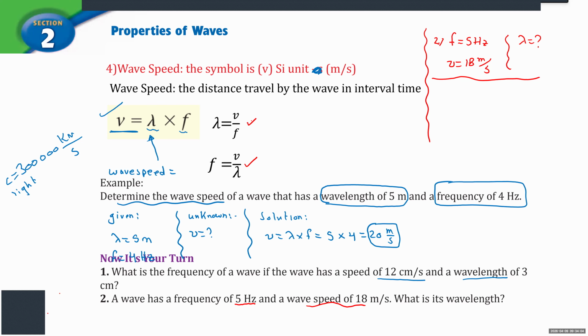I use this equation, lambda equal velocity over frequency. Velocity is 18 meter per second. Frequency equal to 5, hertz is equal to 1 over second. So second cancel with the second. 18 over 5 equal to 3.6 meter. This is for question 2.